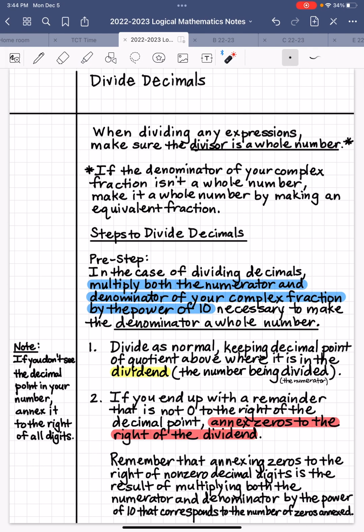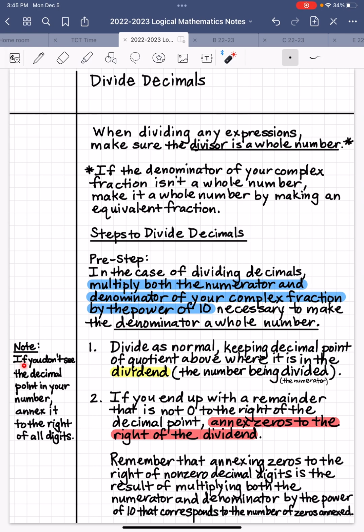Remember that annexing zeros to the right of non-zero decimal digits is the result of multiplying both the numerator and the denominator by the power of 10 that corresponds to the number of zeros that you want to annex.